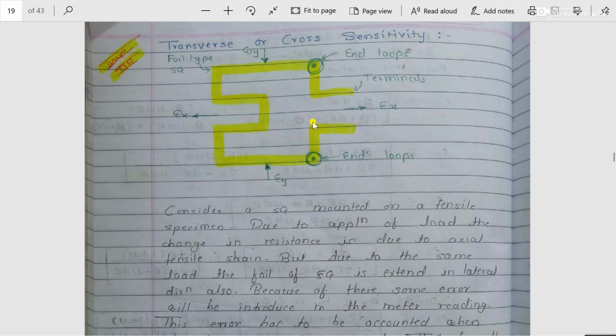For example, let us consider a foil type of strain gauge, in which a foil is provided. The force is applied in the x direction.